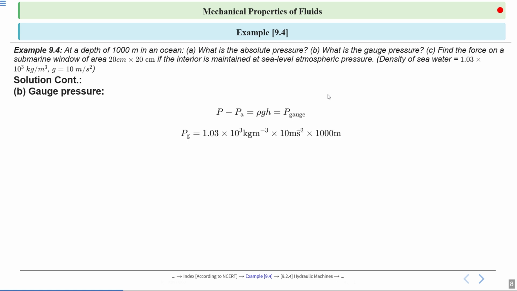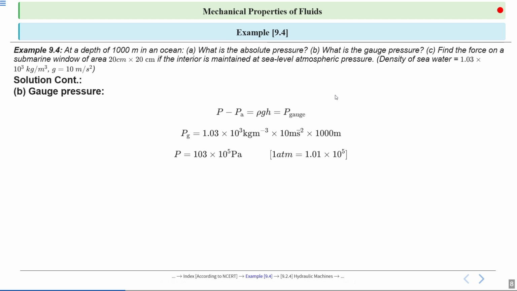Substituting the given values into our formula, we have Pg equal to 1.03 into 10 raised to the power 3 kilogram per meter cube into 10 meter per second square into 1000. So after performing the calculation, we find that Pg equal to 103 into 10 raised to the power 5 Pascal.